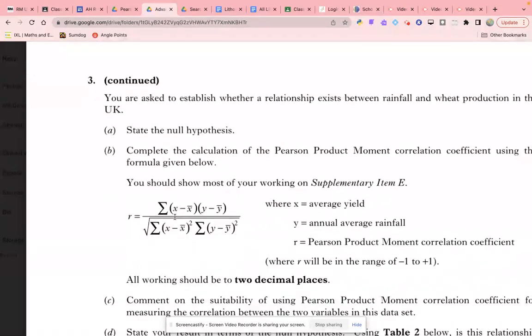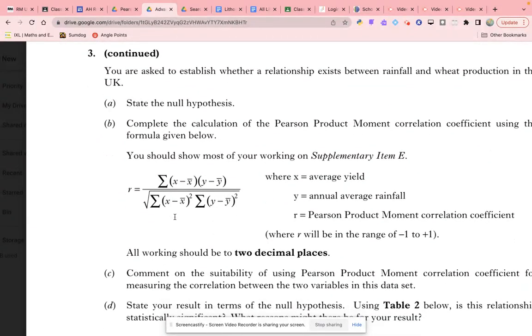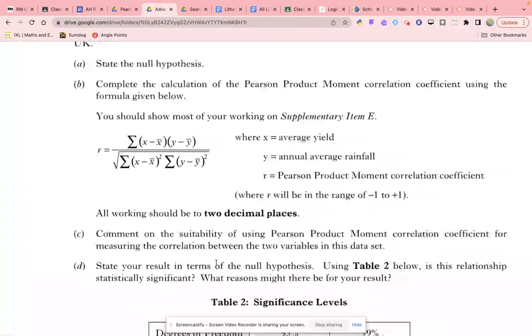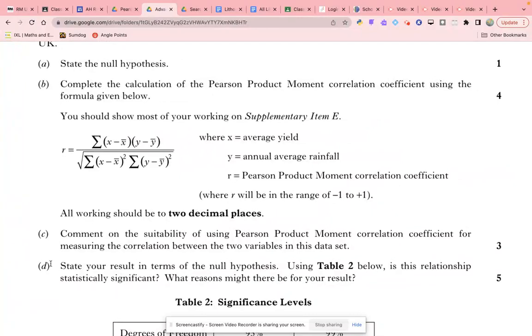What do we have to do with that? Well, we're going to jump straight to D here. State your result in terms of the null hypothesis. Using table 2 below, is this relation statistically significant? What reasons might there be for your result? Well, I'll break this question down and then I'll come back to this other question here in a second.